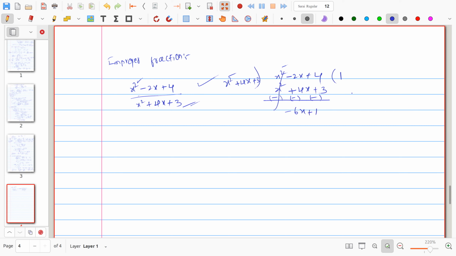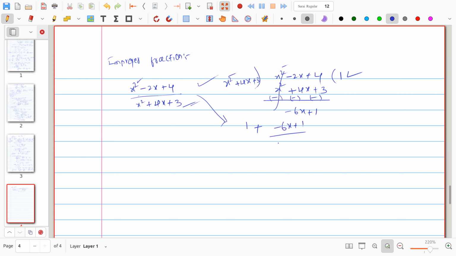We can write this as 1 plus minus 6x plus 1 divided by x square plus 4x plus 3.